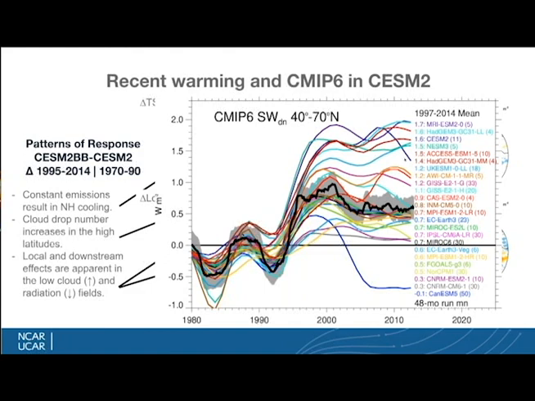So it's on the high end. So this is the change in the shortwave cloud forcing downward over the 40 to 70 north. We're looking at basically the transition from the standard biomass burning to this much more highly variable biomass burning.